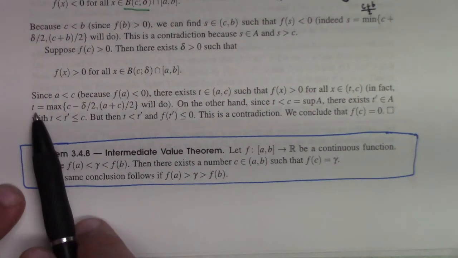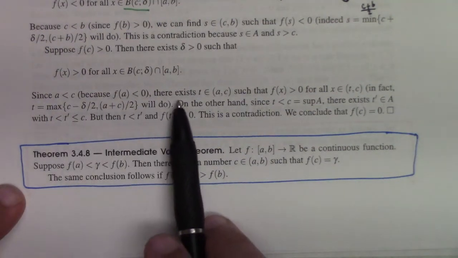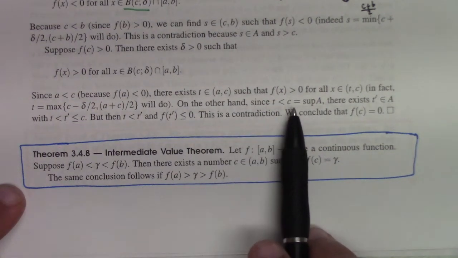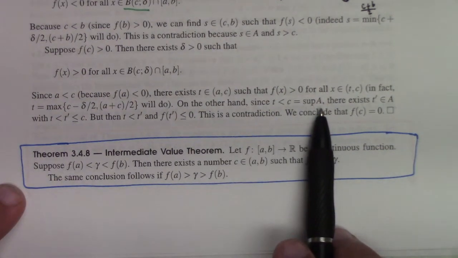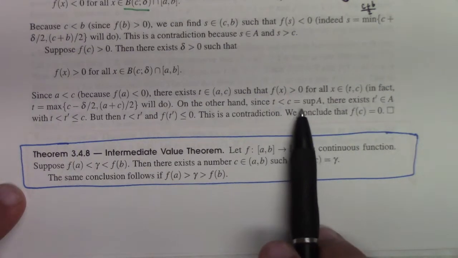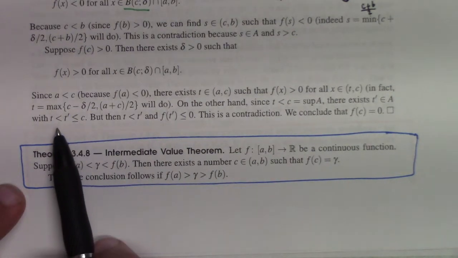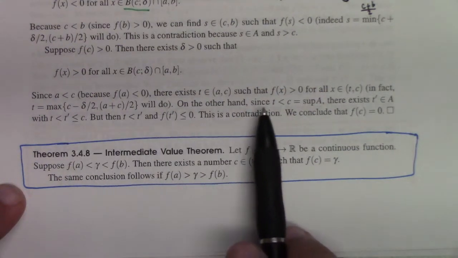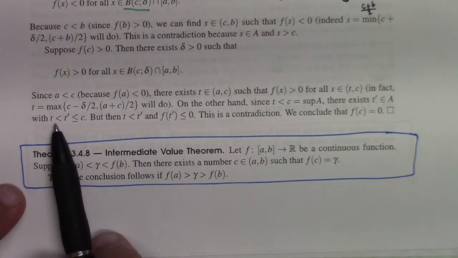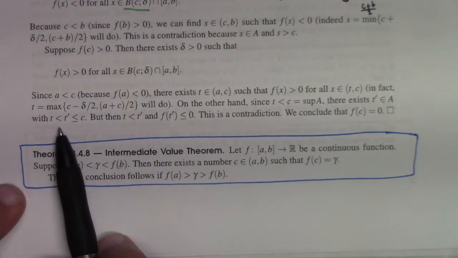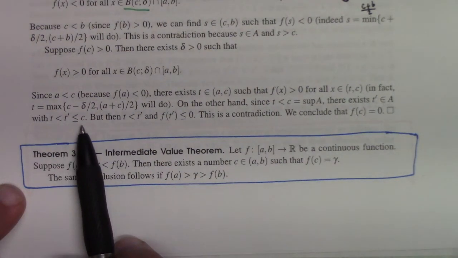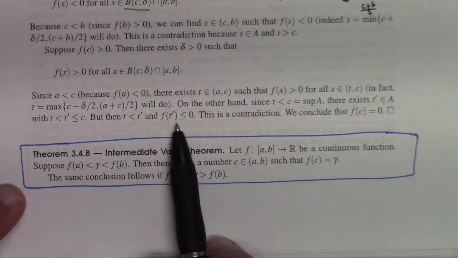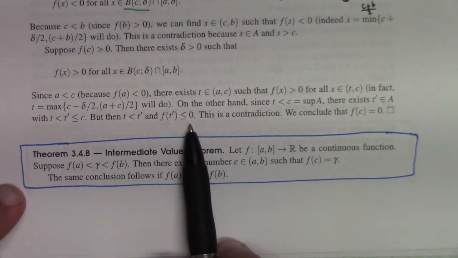There exists this point t, which is going to be less than the supremum, and what's the problem with that? t is less than t prime, less than or equal to c, and f of t prime is less than or equal to 0.